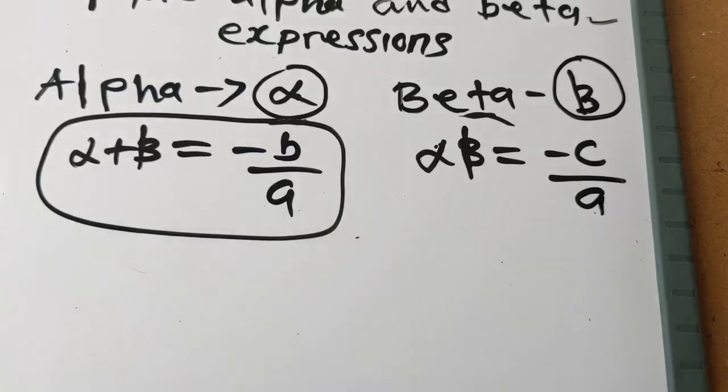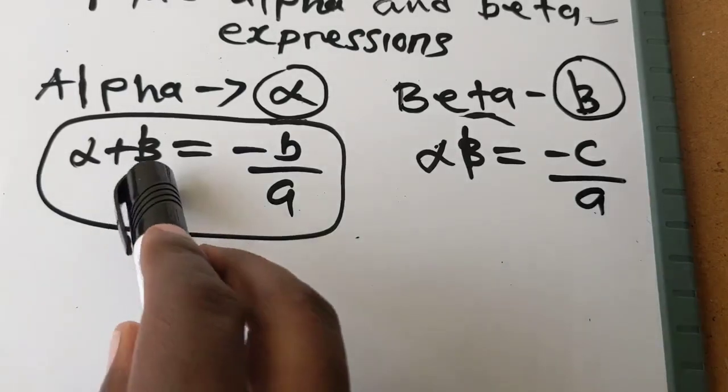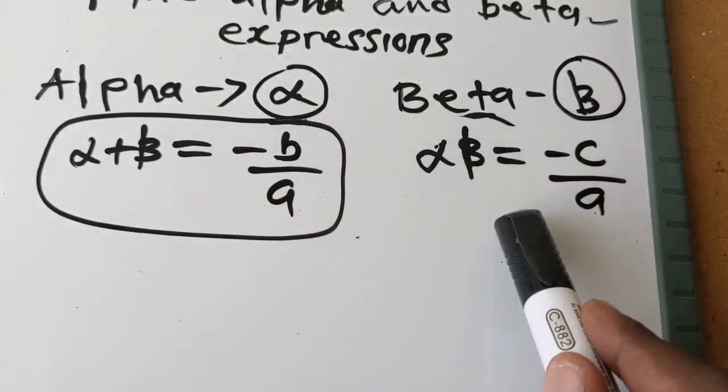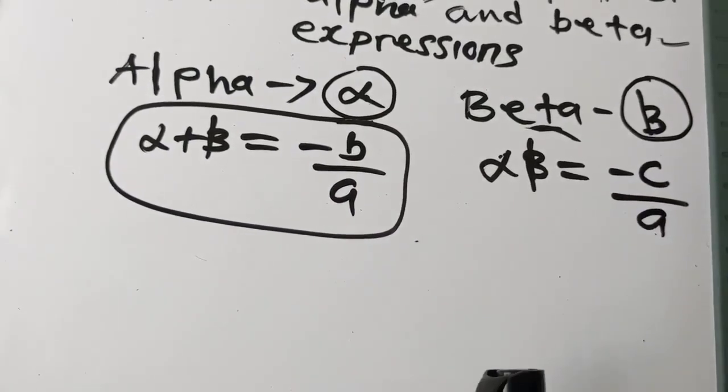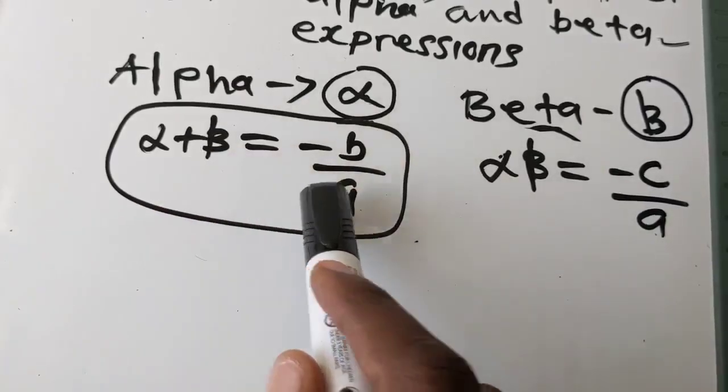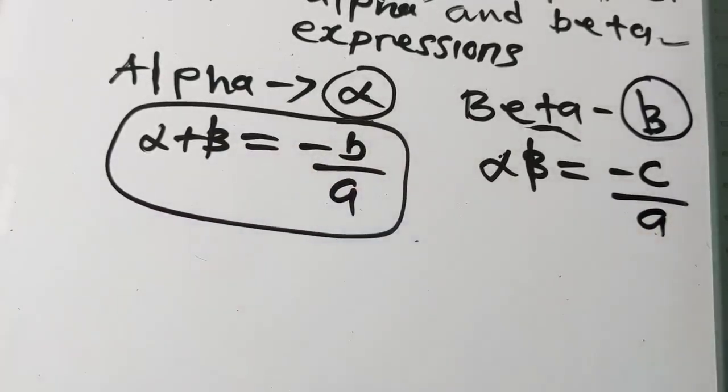So the question comes. They will ask you to show how the formulas for alpha and beta were derived. Show how this formula and that formula were derived.